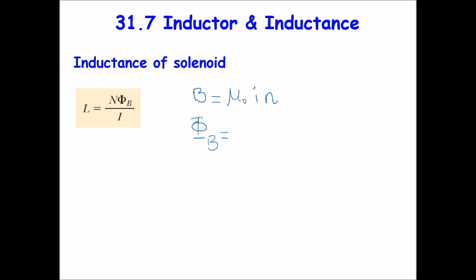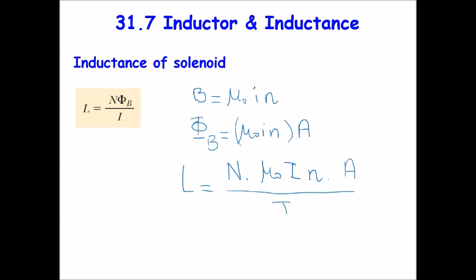Although it's circular, I will just assume it to be A. So mu 0 I n times the cross-sectional area. In order to get the inductance, I need to multiply it by the number of turns, so N mu 0, the same current I n times A, over I.